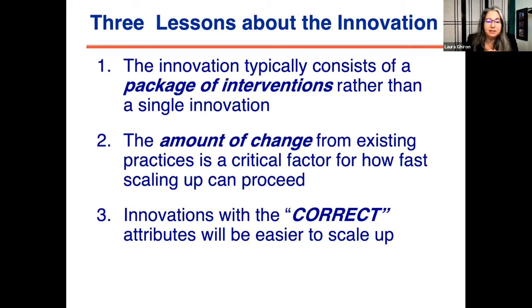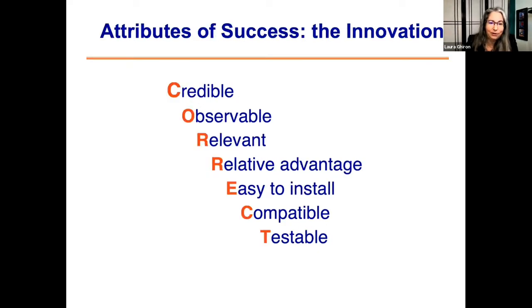And so that's something to keep in mind, and I will come back to that. And the third one is that innovations that have the correct attributes, and this is an acronym, are easier to scale up. And of course, none of them have all of these correct attributes at one time usually, but any scaling up strategy will work on trying to maximize or strengthen any of these particular variables.